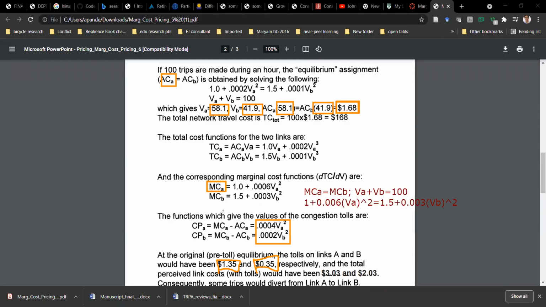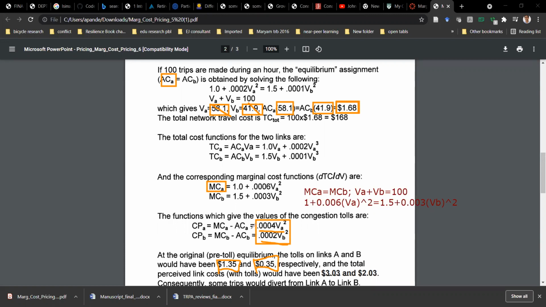So because you're starting from that user equilibrium situation, you know that on route A, you have 58.1 people. On route B, you have 41.9 people. So that's the volume you'll use. That's the traffic flow, demand flow you'll use to define your congestion price. And those congestion prices are going to be based on what gives you that marginal cost pricing.